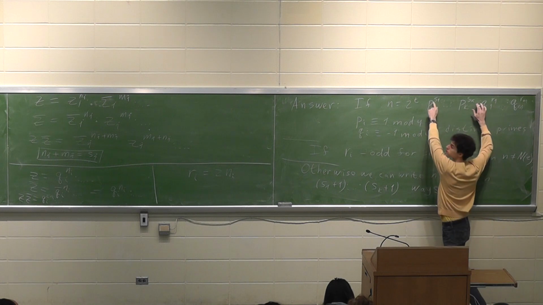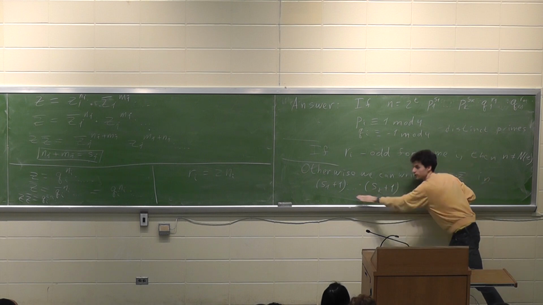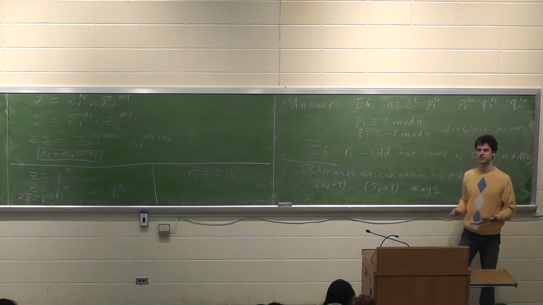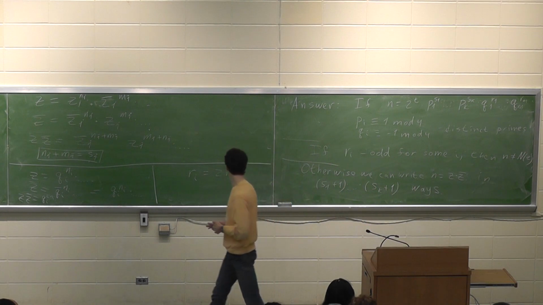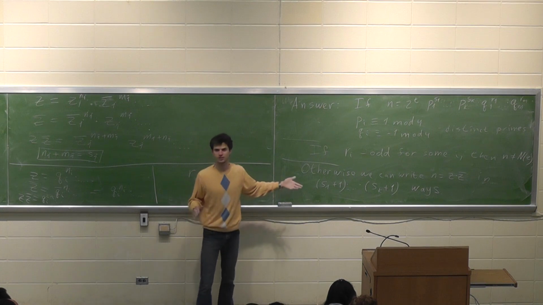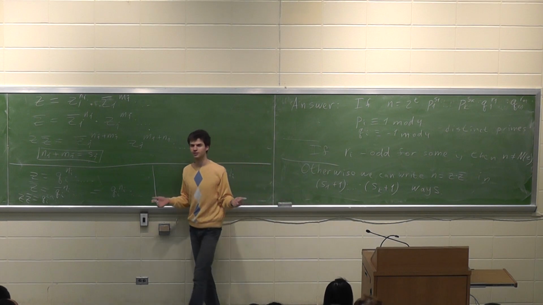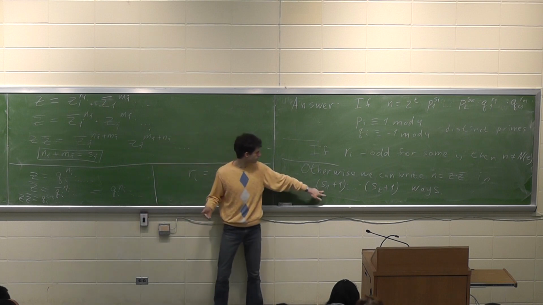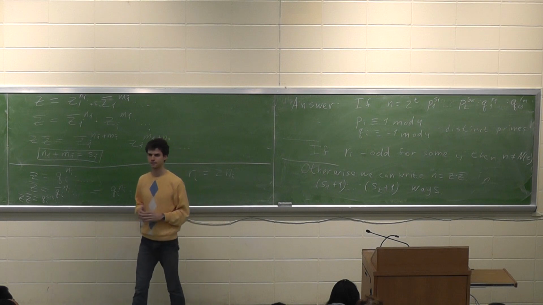Write down what are the powers of these primes which appear in the factorization. So write down this number, that's the answer. Example, if n is, say, a usual prime which is congruent to 1 modulo 4, there are, according to this formula, 1 plus 1 ways. So exactly 2 ways.